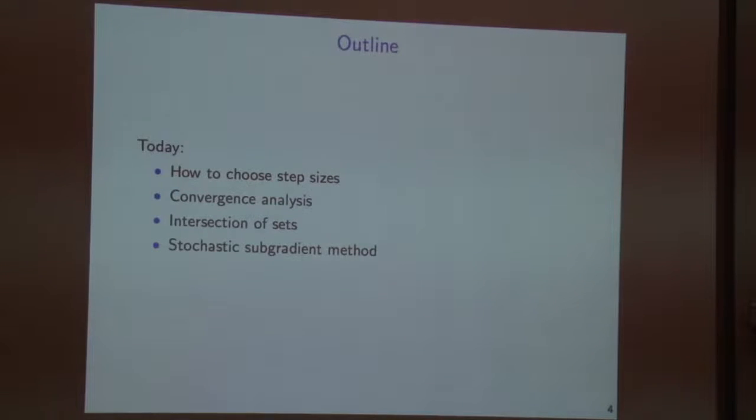In particular, there's a nice intersection of sets problem we can solve with subgradient method. And then we're going to talk about a stochastic version, which is pretty interesting considering the large-scale problems that we want to solve in modern data analysis. We're going to revisit stochastic methods at the end of the course, probably as an advanced topic, where we'll talk about them in more detail.